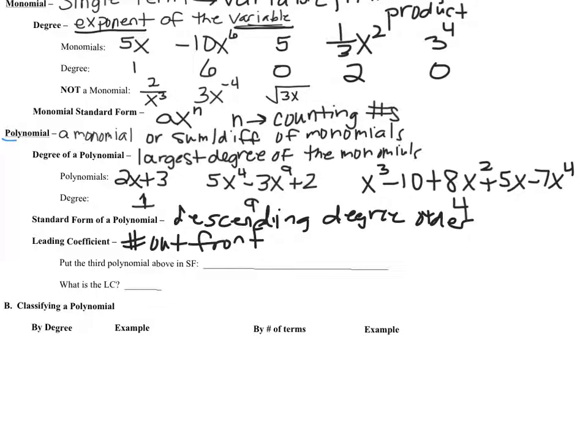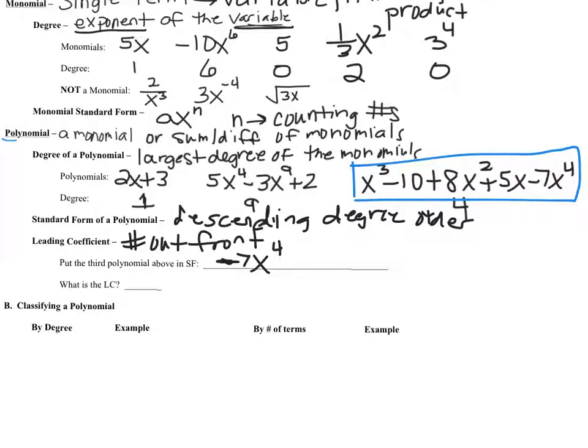So let's go ahead. See this third polynomial right here? We're going to take that and rewrite it, put the third polynomial in standard form. So we're going to take the biggest exponent, put that first, then the next one down in descending order, okay? So for this one, we're going to do negative 7x to the 4th. The negative goes with the 7, by the way.